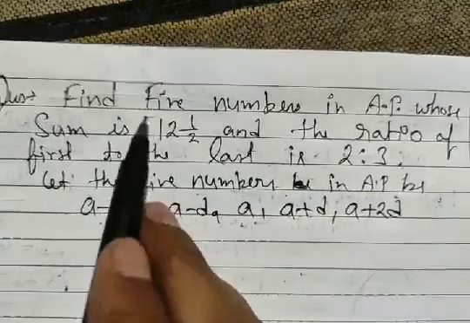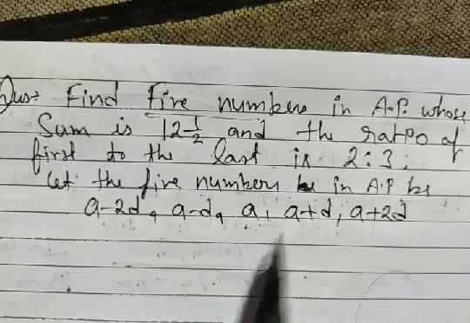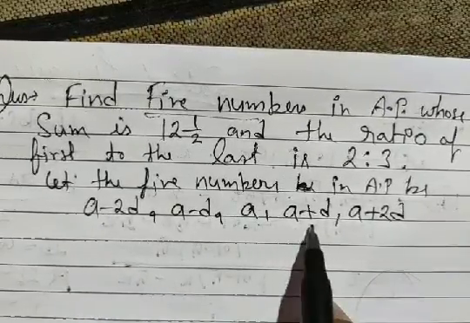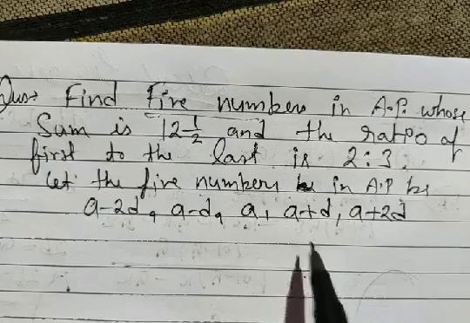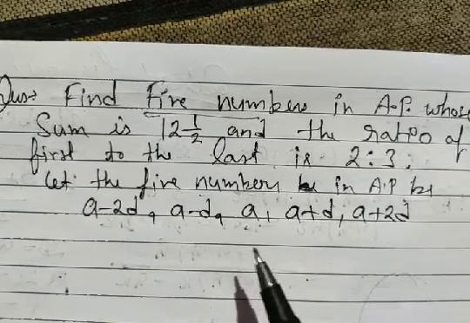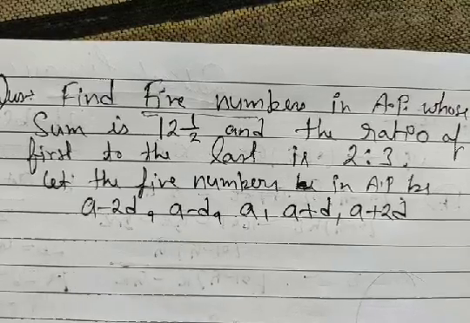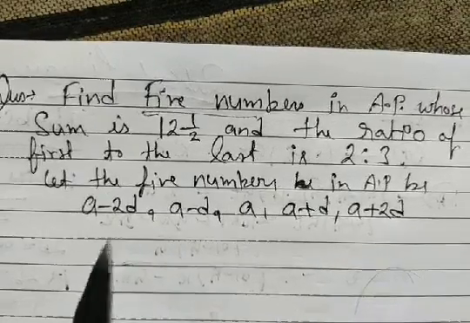When we have to take 5 numbers in AP and the sum is given, we take the numbers this way. For convenience, when we take their sum, the d terms cancel each other, and we easily get our first term.